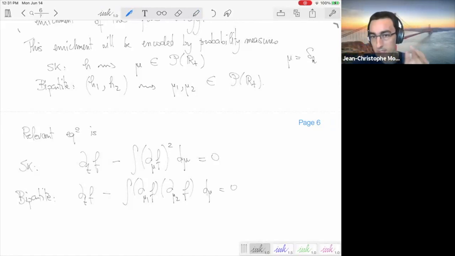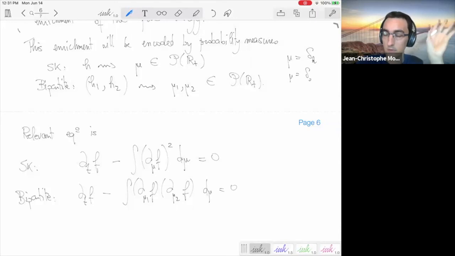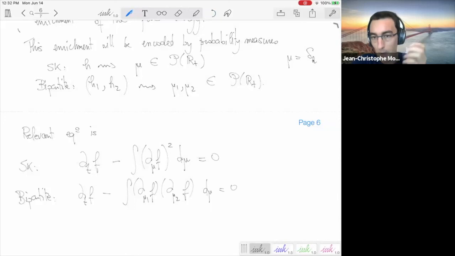And in particular, when we set H equals 0, so when mu is delta 0, is when in the energy function there is just the vanilla Hn of sigma and nothing more. Okay, and for the bipartite is when mu1 is delta H1 and mu2 is delta H2.